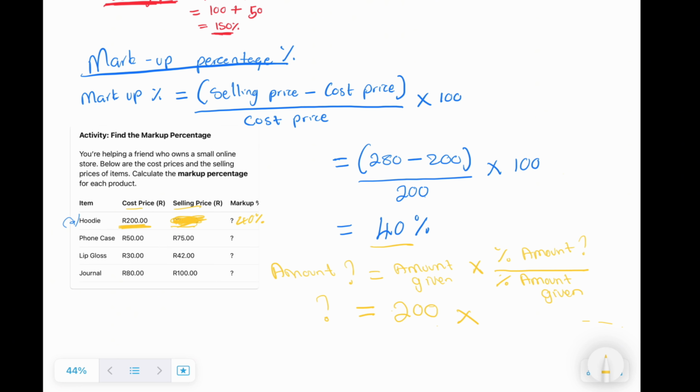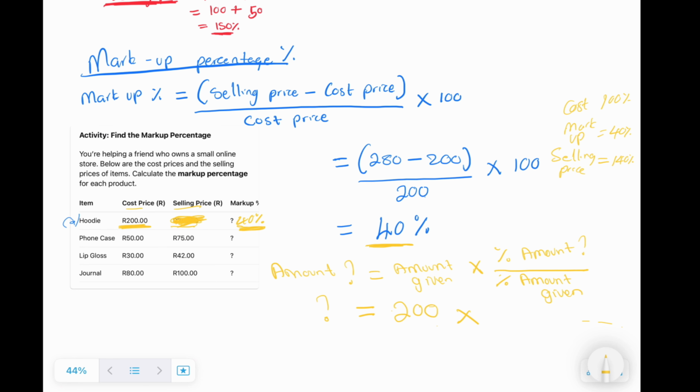So since we said cost is always 100%, markup is given to you. In this case, we calculated our markup. It's 40%. And then your selling price, I said it's cost plus markup. So it's going to be 140%.